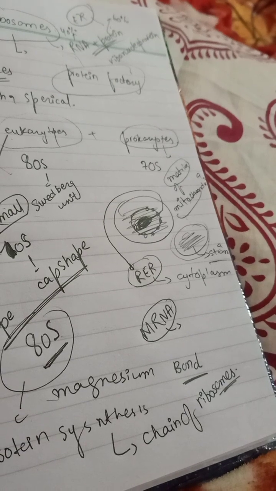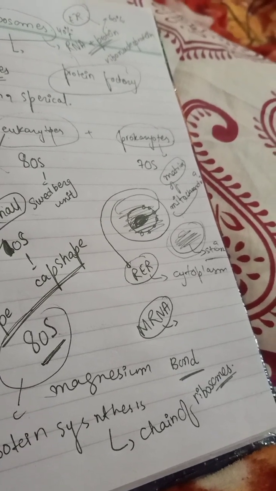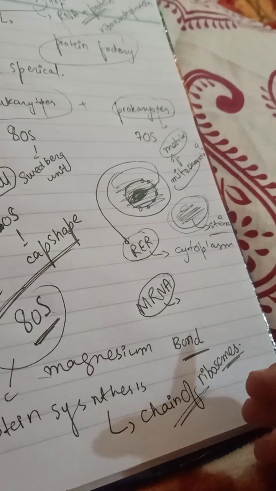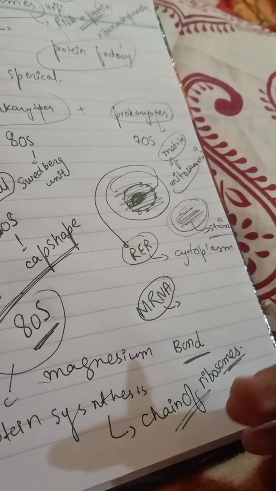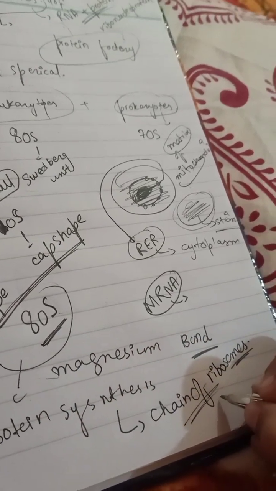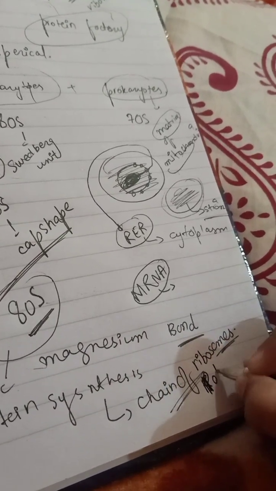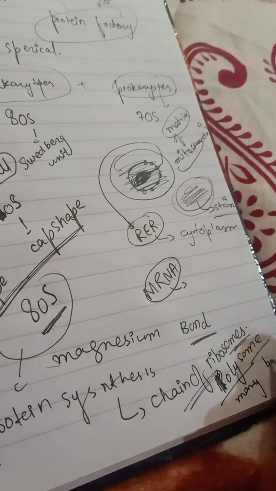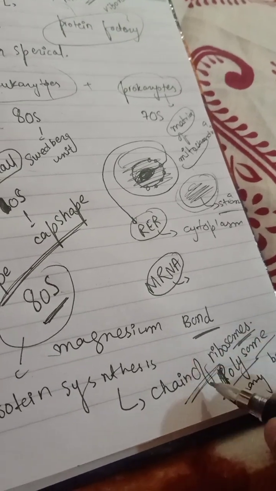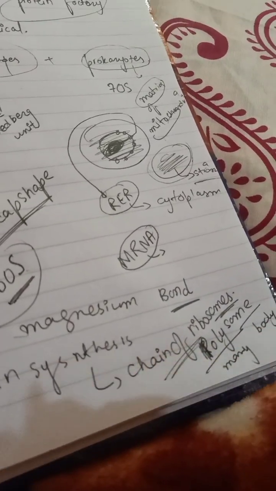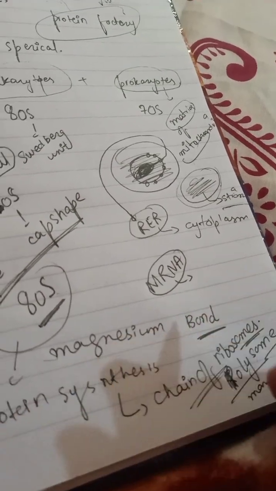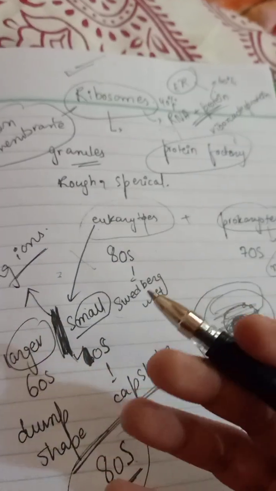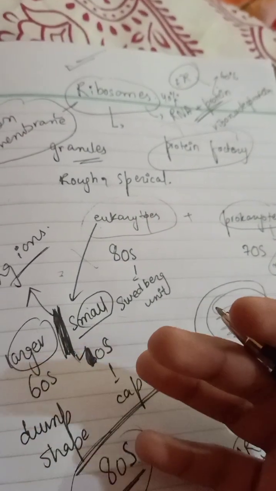This chain of many ribosomes we call a polysome. Poly means many and some means body, which means many ribosomes in a chain, so we call it a polysome or polyribosome. So this was the ribosome. In the next video we will discuss the next organelle, the Golgi complex.